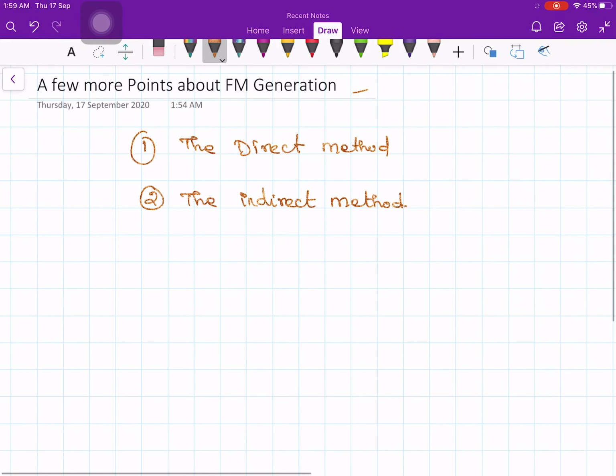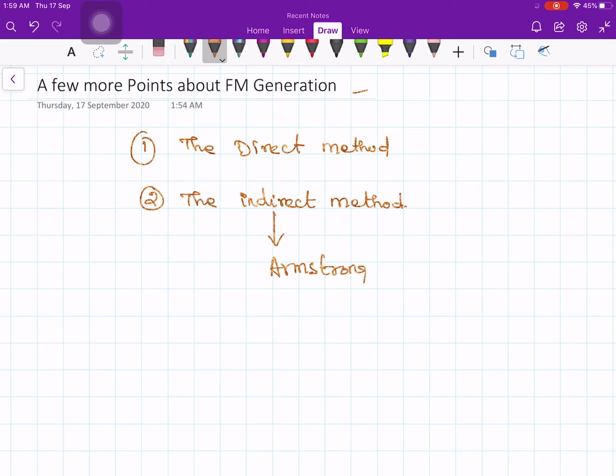We looked at the indirect method, namely the Armstrong method. In the direct method, we had a voltage controlled oscillator method. We looked at the Armstrong method and how it could be used in practice, especially for commercial applications. The direct method cannot be used for broadcast applications. Thus, the alternative, the indirect method called the Armstrong method of FM generation, is used.